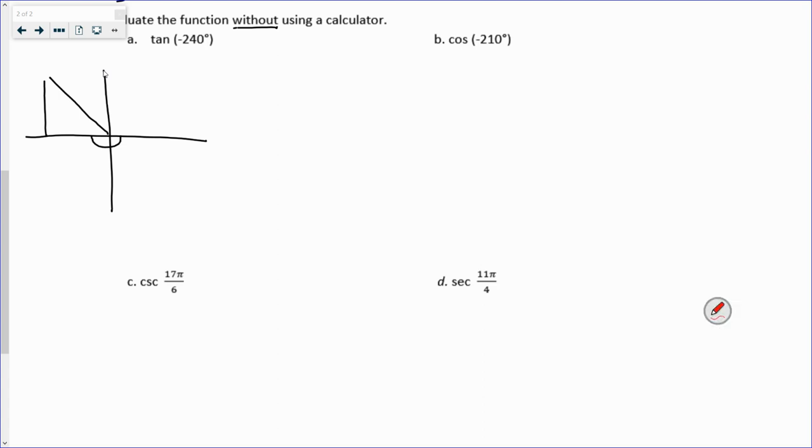So there's a couple things I'm going to write right away. My reference angle is 60, right angle. Next thing I'm going to write is this memory mnemonic.